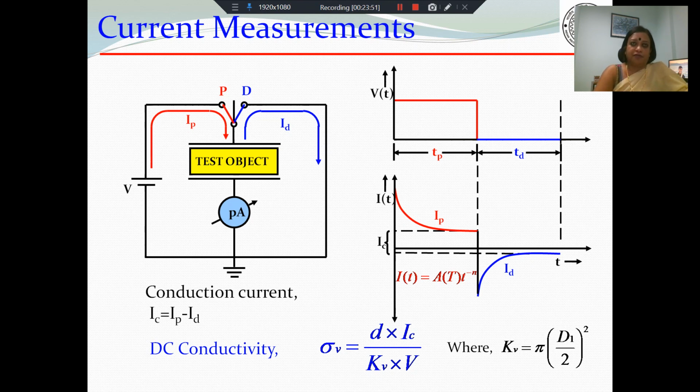Ordinarily, if you use a dielectric spectroscope in one case, and time domain measurements, polarization and depolarization current measurements, in the other case, they are completely independent sets of experiments, but they should give you the same result.